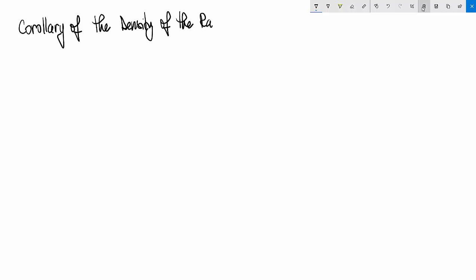All right, so the next result that we will discuss is a corollary of the density of the rationals theorem. Let me state this corollary.